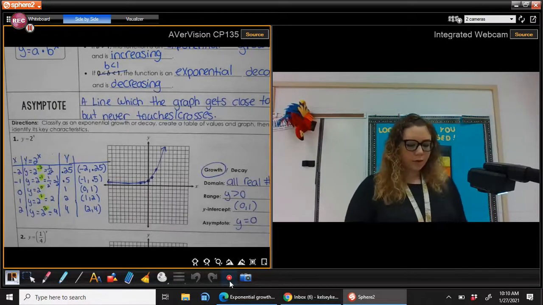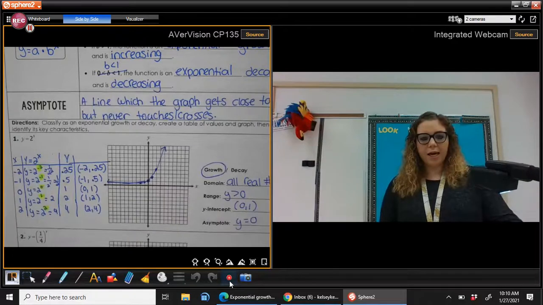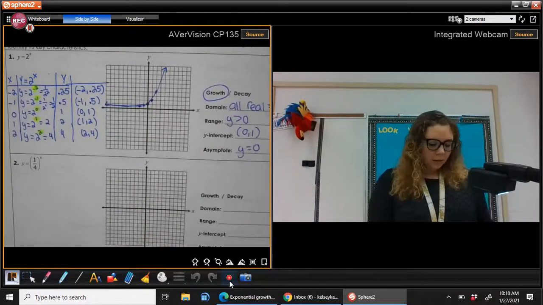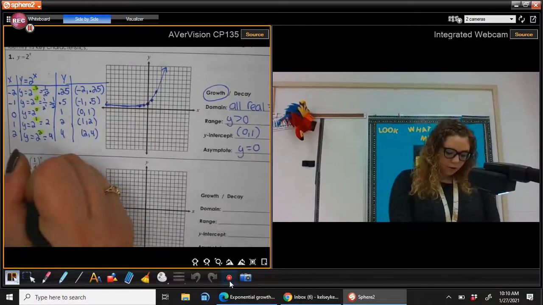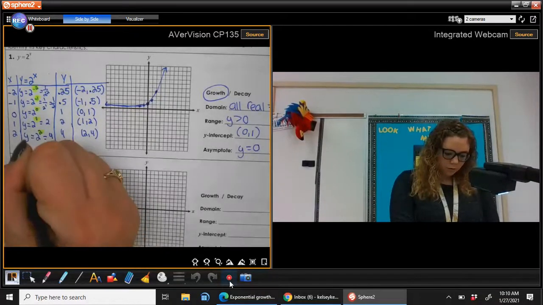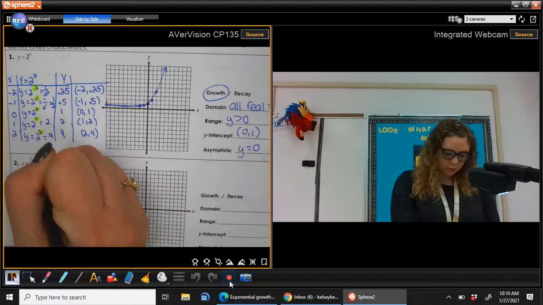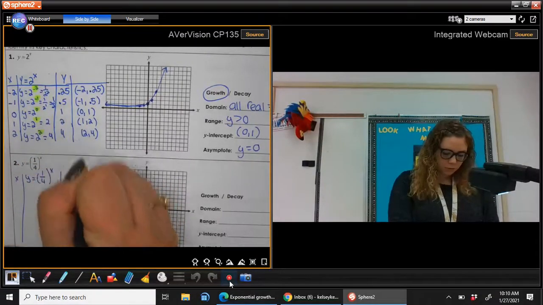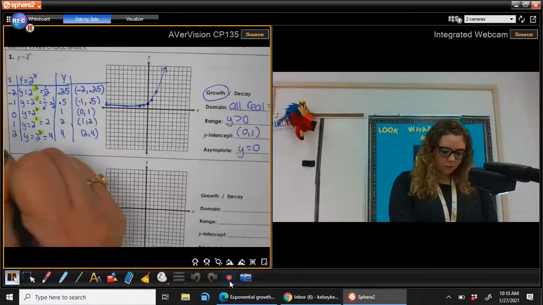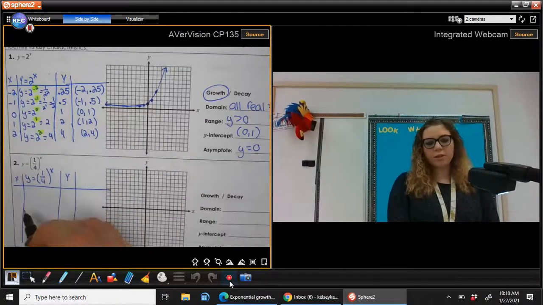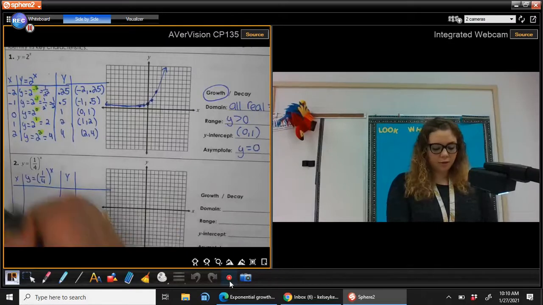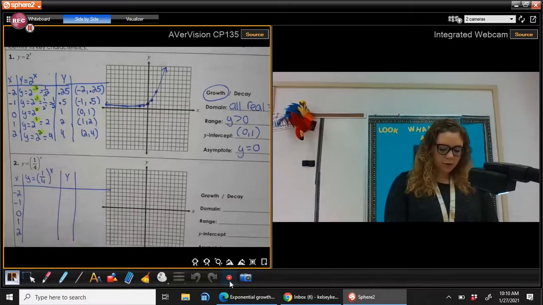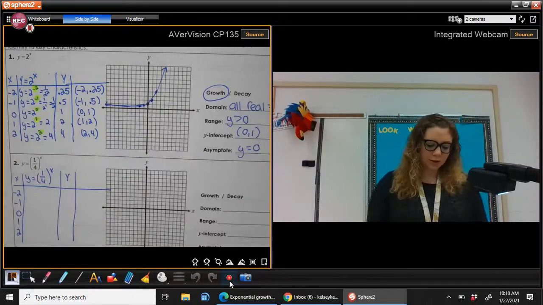So let's do number 2 together. We're going to do it the same way. I'm going to make my chart and put my rule in. Again, I'm going to choose the same exact x values, 2 negatives and 2 positives, and then plug them into this equation.